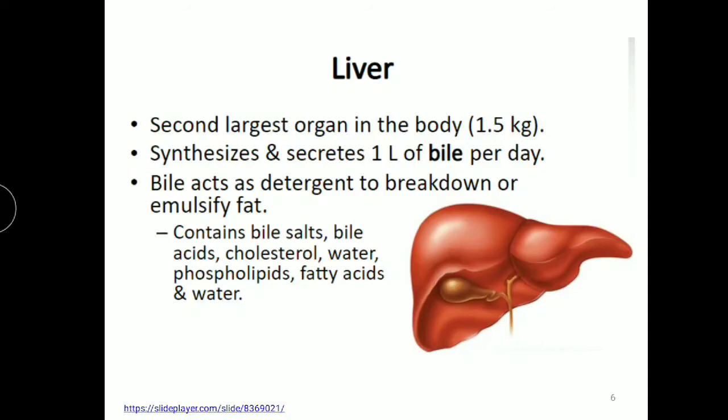However, its main roles in digestion are the production of bile and metabolism of nutrients. All the nutrients absorbed in the intestine pass through the liver and are processed before traveling to the rest of the body.